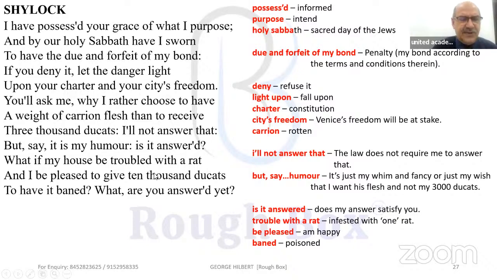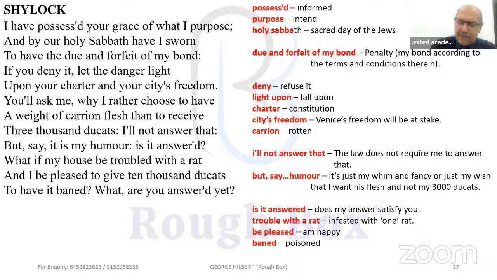And I be pleased to give 10,000 ducats to have it bane'd. And I am pleased to spend 10,000 ducats to have it poisoned. What? Are you answered yet? Does my answer satisfy you? Okay. Now to poison one rat, you don't have to spend 10,000 ducats. But Shylock is saying, look, the house is mine.